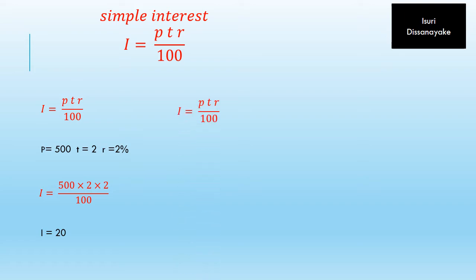Another example. Let's write the formula first. I equals P T R divided by 100. Say P is equal to 1500, T is equal to 5, R is equal to 10%. Let's substitute the values.